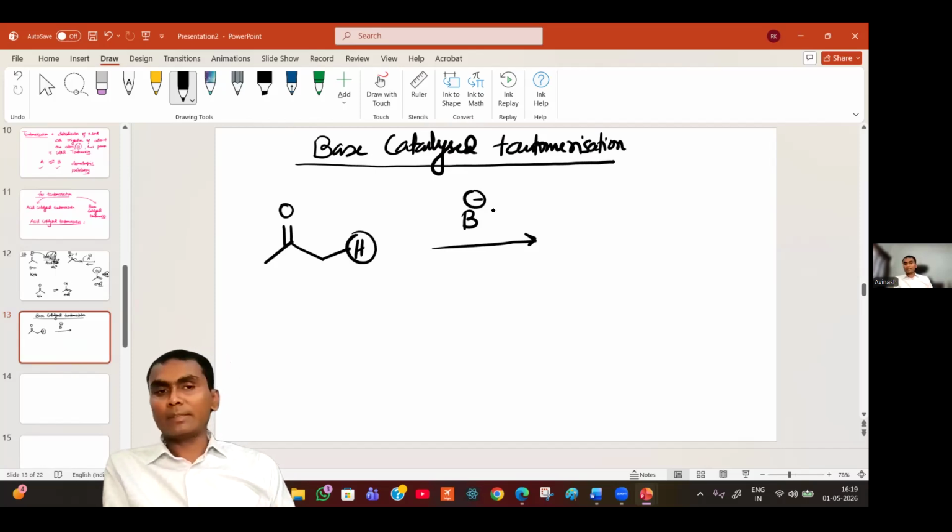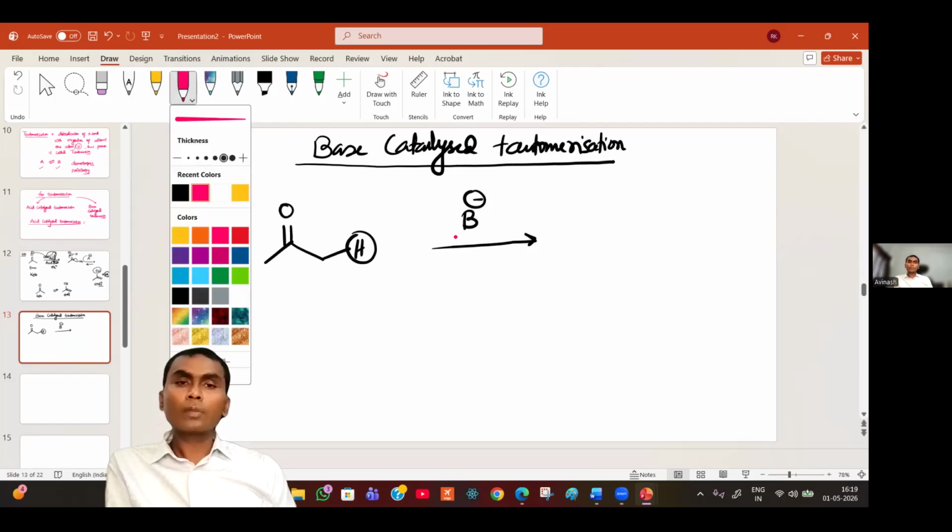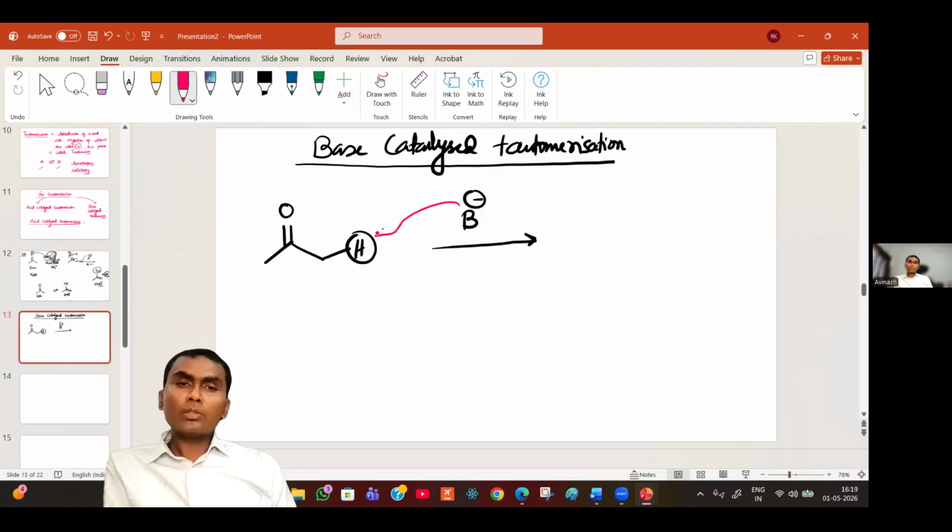The representation of a base is B minus, and this B minus traps this hydrogen because this hydrogen is under the effect of the minus M group. So this hydrogen is acidic, and this traps H. As we know it is an acid-base reaction, equilibrium is established here, and this minus charge is in resonance.